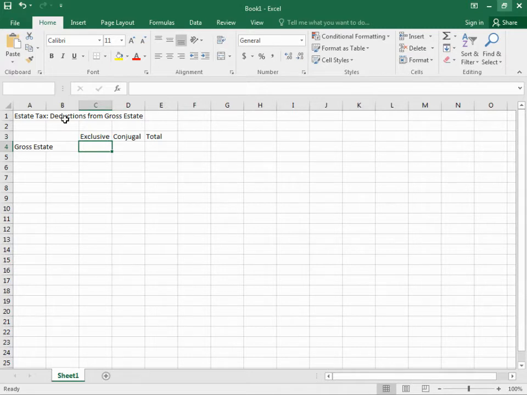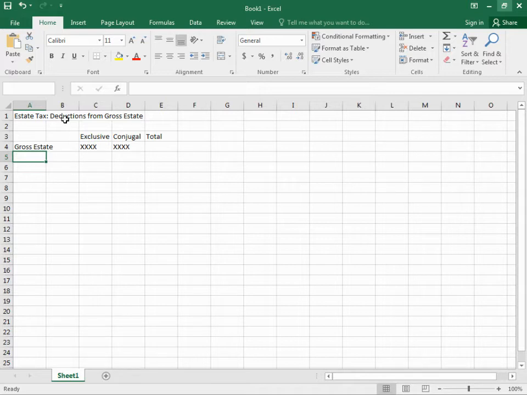So under the exclusive portion, these are the properties, as discussed in chapter 13, exclusive to the decedent, while the conjugal properties or the communal properties are the properties common to both the spouses.